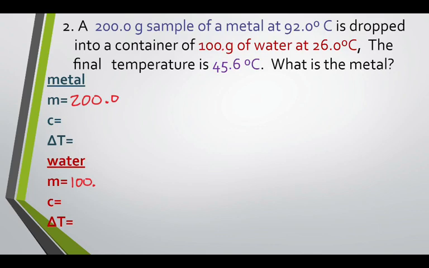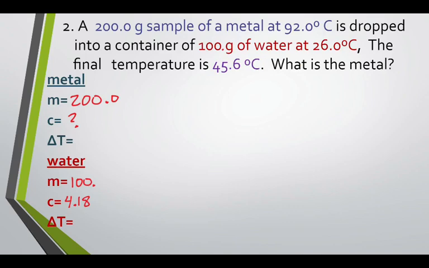And the water started off at 26 degrees Celsius. Final temperature of the system is 45.6. What is the metal? So remember, we're still going to be solving for that C value in order to find our metal. And water's C value is 4.18. What we need to calculate real quick with some quick subtraction is our temperature change.